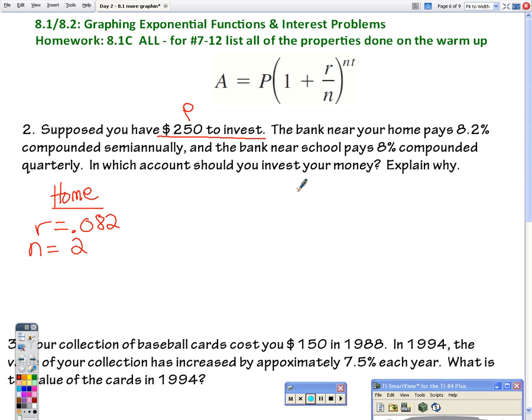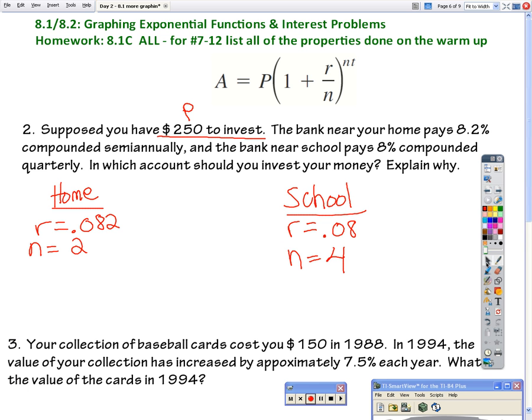Now there's a bank near school that has a rate of 8%, so 0.08, but that's compounding quarterly. So I wonder, even though the bank near home has a higher percent, you get the interest less often compared to the school account, which is a little bit lower percent, but you get the interest more often. So I really wonder which one is going to give us the most money at the end. So we need to see which one should we invest in.